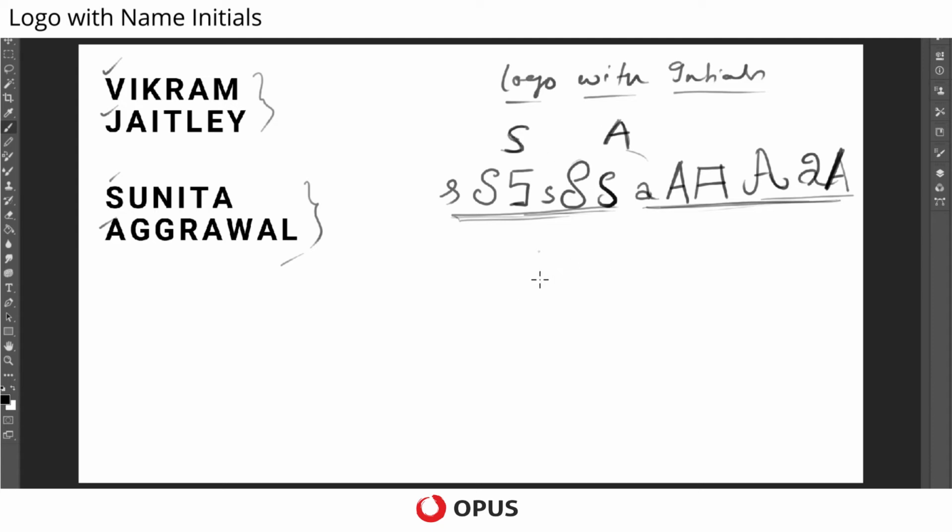Suppose I write the A like this, let's make it a little smaller, and in the mid stem I make it angular, so that it becomes the part of the S.